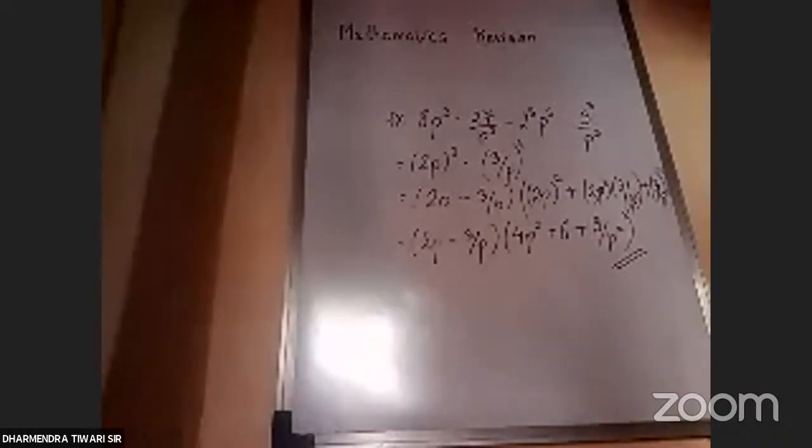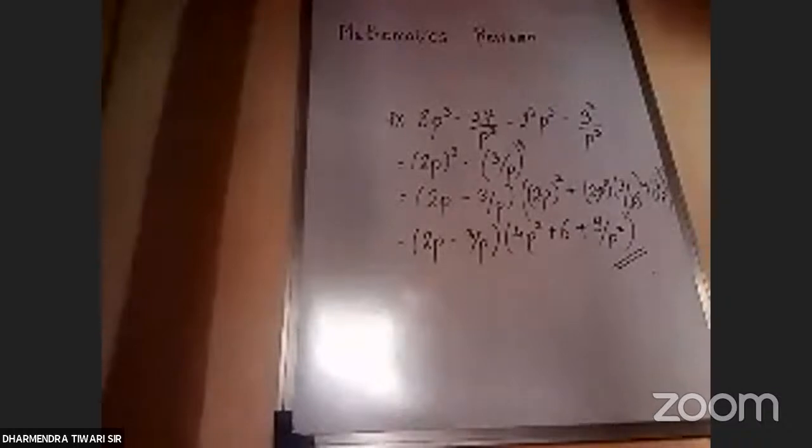Hope now you can deal with this type of expression. If they ask you to factorize and you need to apply the formula, you know how to deal with a plus b the whole cube, a cube plus b cube, a minus b the whole cube, a cube minus b cube.